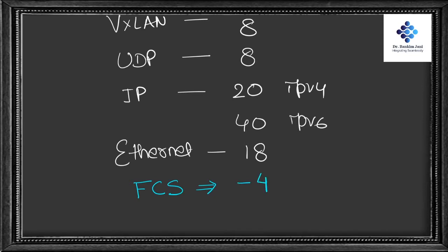But in any case, if we make a total, 8 plus 8, 16, 16 and 20, this is 36, and this is 18. Plus 36 and 14, this 4 minus, so that comes to 50. And when it will be IPv6, another 20, so it is 50 to 70 bytes.